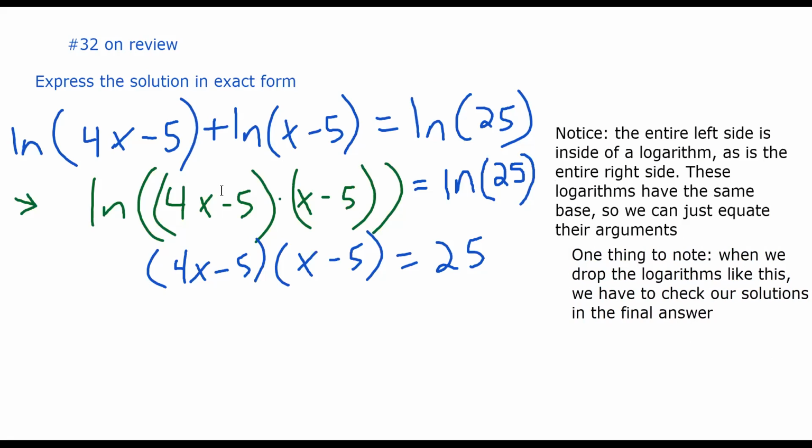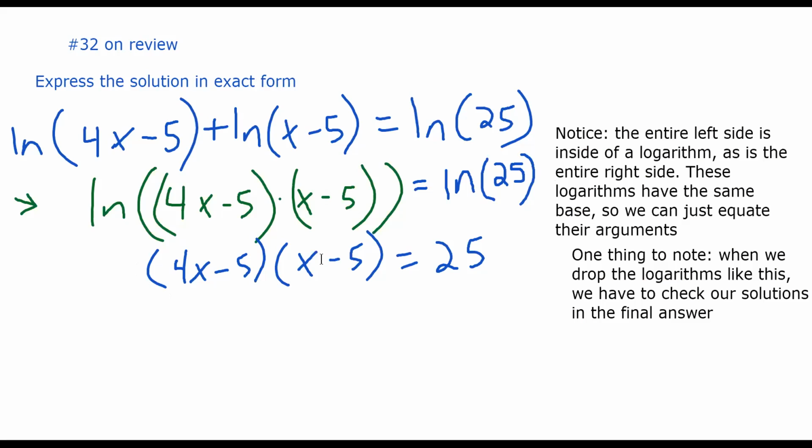That's because dropping the natural logs is not a very precise mathematical operation. It's not one that's completely foolproof. The way we make it foolproof is that we need to check our solutions. But the good news is now there's no logarithms in this, and we can just solve for x.